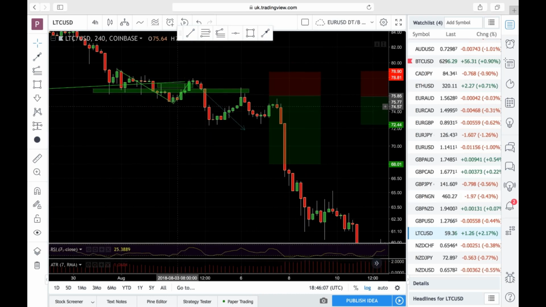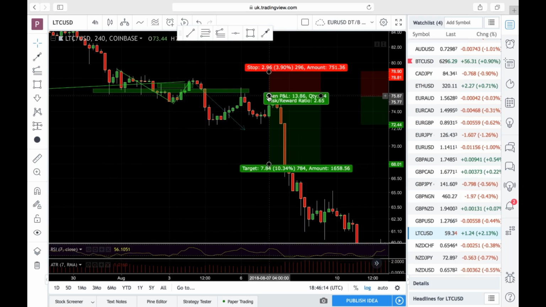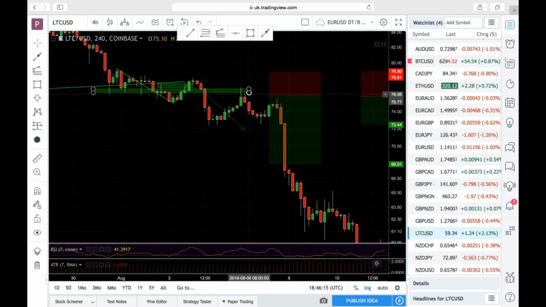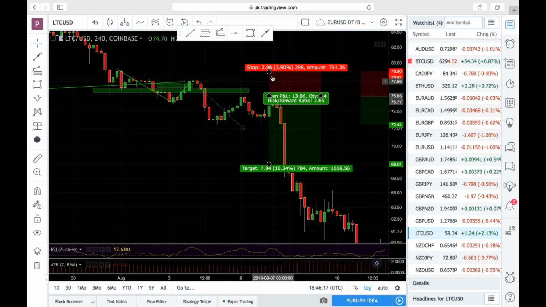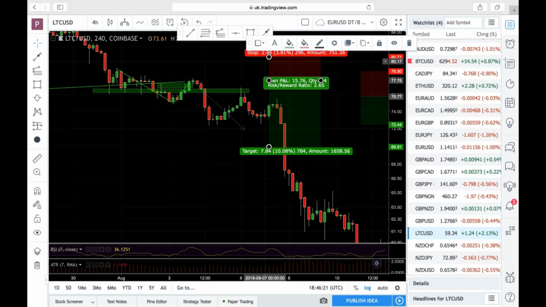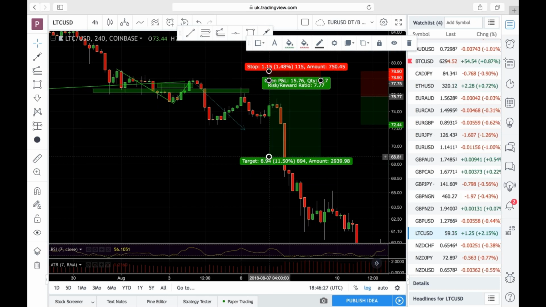But if you're a conservative trader and you're waiting for a retest, first of all, you are going to have a less risk to reward. So let's just say we are looking for a retest. Instead of our entry being here and risking this much, our entry could have been here, because we are waiting for the market to come a bit deeper before we take the trade.